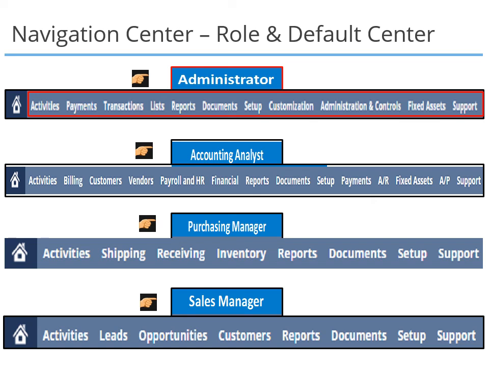As an example, this slide shows the default navigation centers for roles like administrator, accounting analyst, purchasing manager, and sales manager. The navigation center for the administrator role is called the Classic Center. NetSuite allows you to customize your navigation center based on your business requirements.